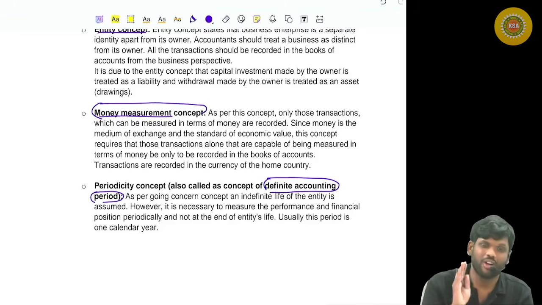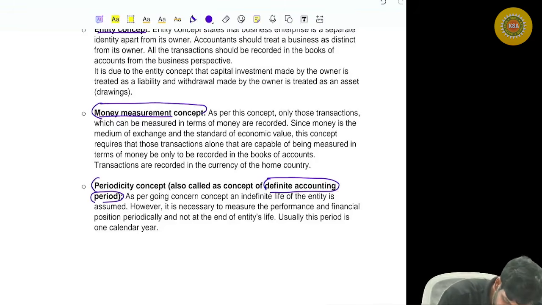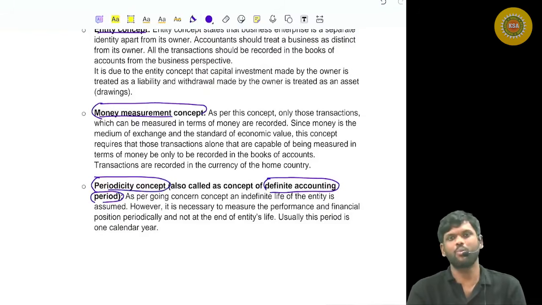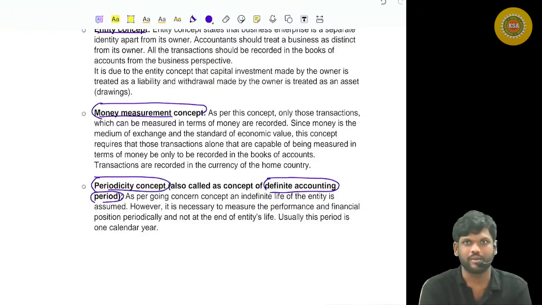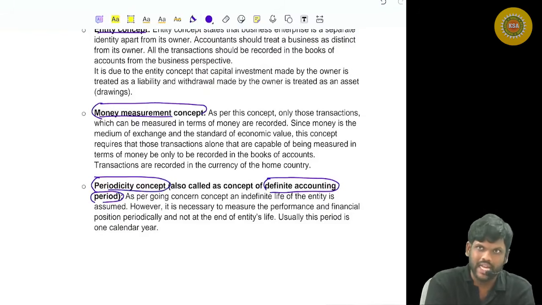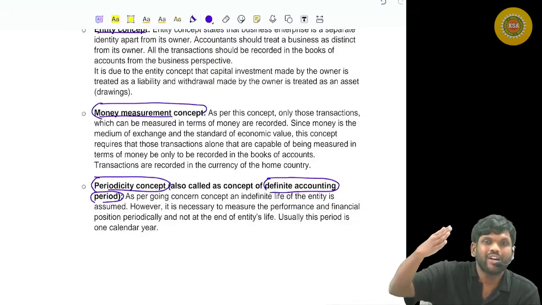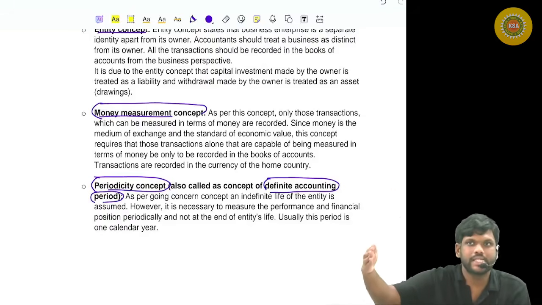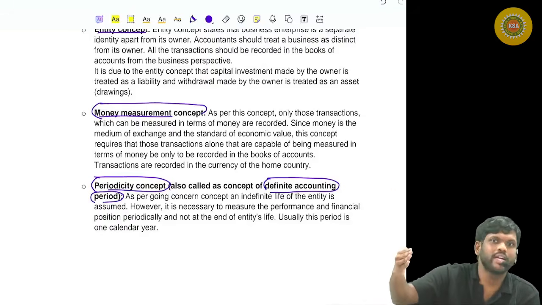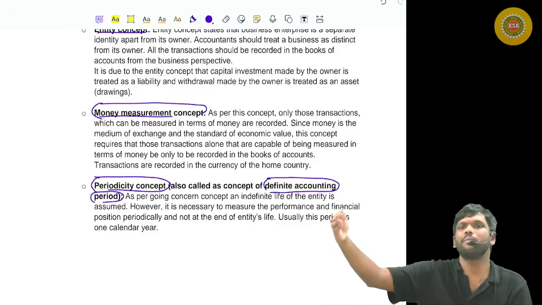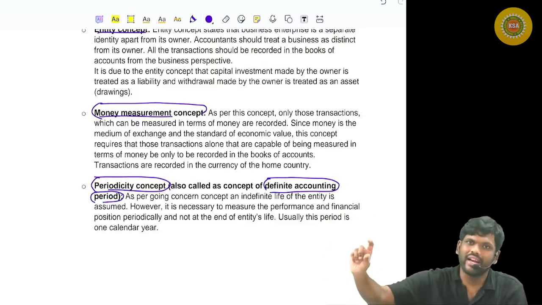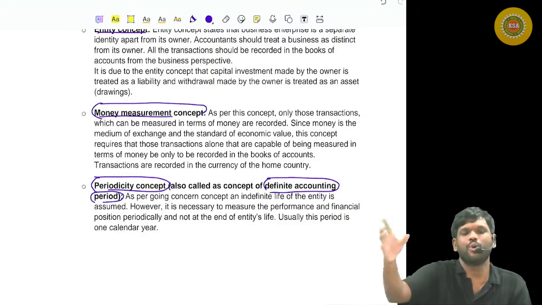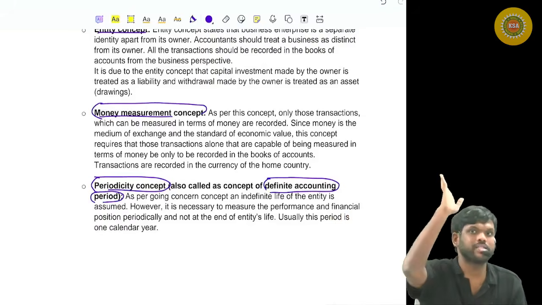No, this is an old concept only; you would have learned it as the periodicity concept. Sir, what do you mean by this? Periodicity concept means the total life of the business is broken into several small periods, and at the end of each period you will ascertain the financial performance and position.